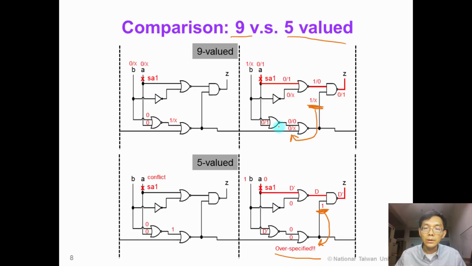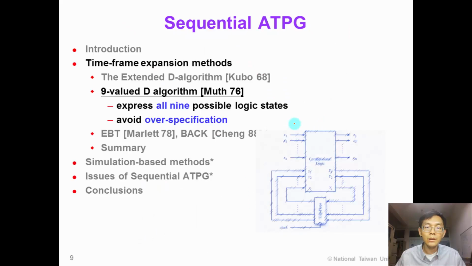In this case, we can successfully justify this test. In summary, in this video, we have introduced the 9-value D algorithm, which can express all 9 possible logic states to avoid the overspecification problem.